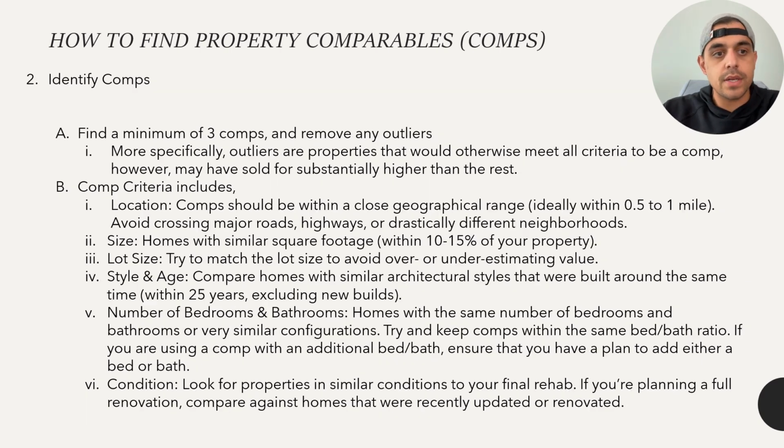Now, in terms of how to identify comps, the first thing I'll say is you should get a minimum of 3 comps. So you want a minimum of 3 properties that meet the criteria listed below, so are very similar to the subject property. I also recommend removing any outliers. Outliers are properties that meet all the criteria of the comps, however they may have sold for substantially higher than the rest.